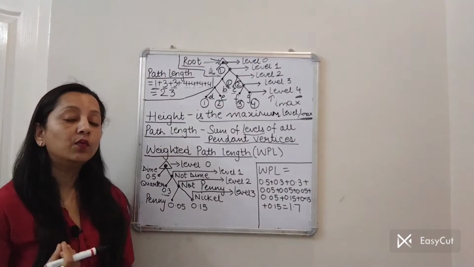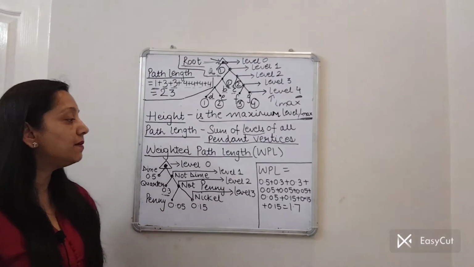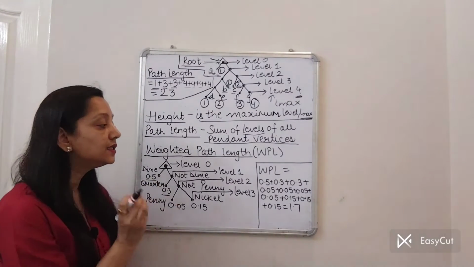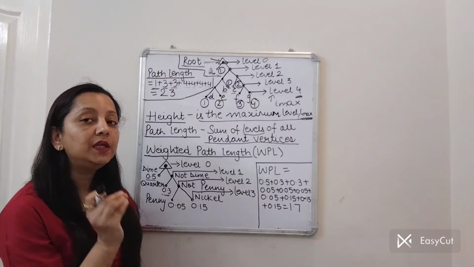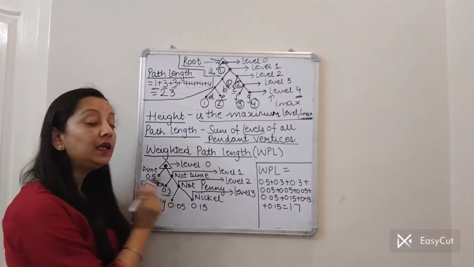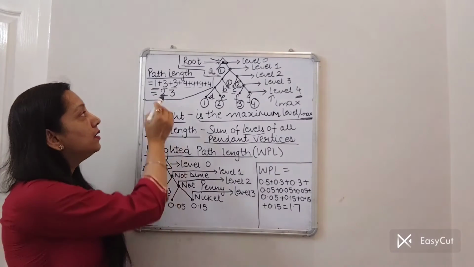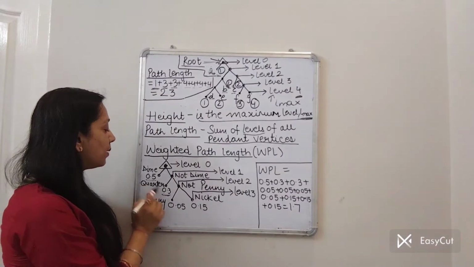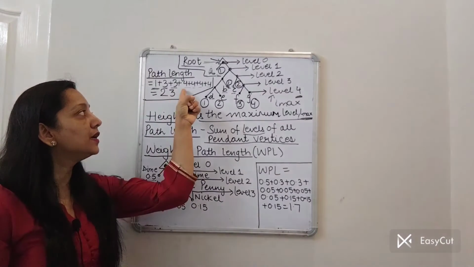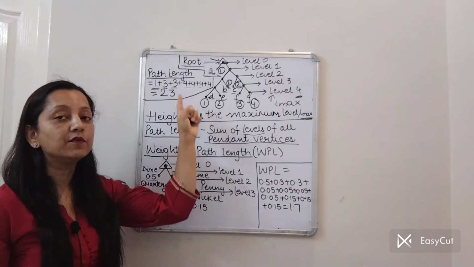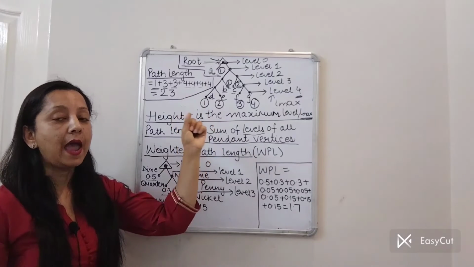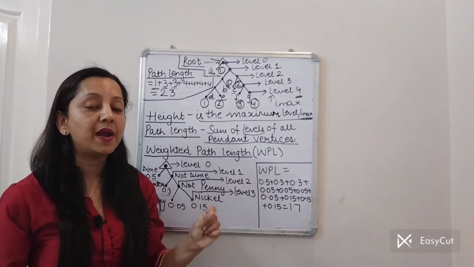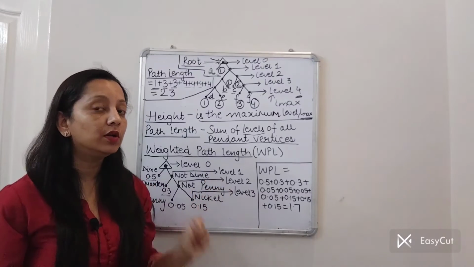Now how do I find the weighted path length? Using the same method. Now I will write instead of summing up the levels, I will sum up the weights here, right? Like here I was summing up the levels, right? Here I will sum up the weights. Here in case of a simple binary tree, I was summing up the levels, and the number of times I wrote the level was equal to the number of pendant vertices at that particular level.